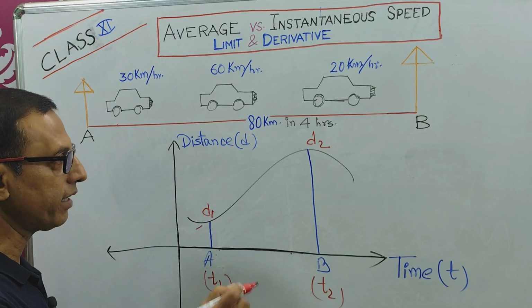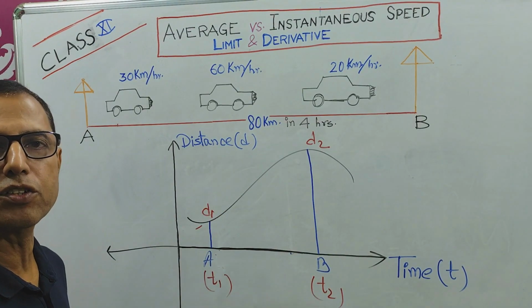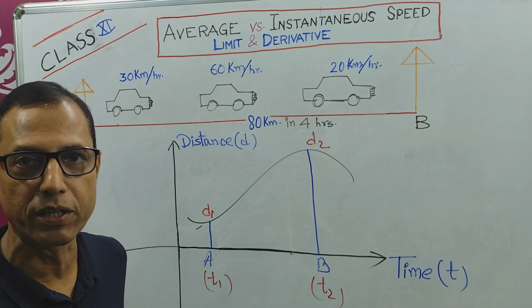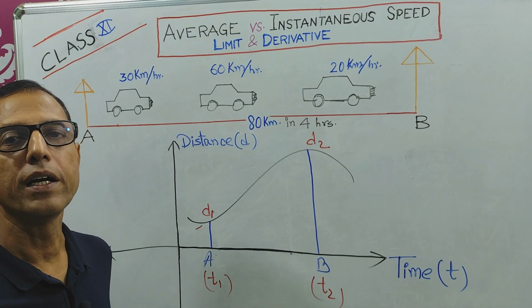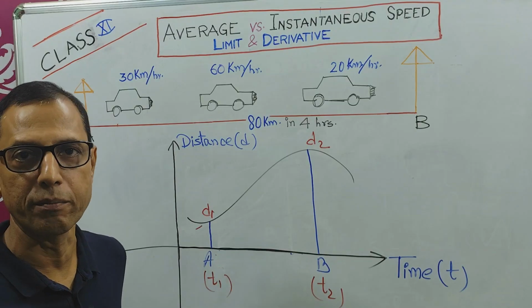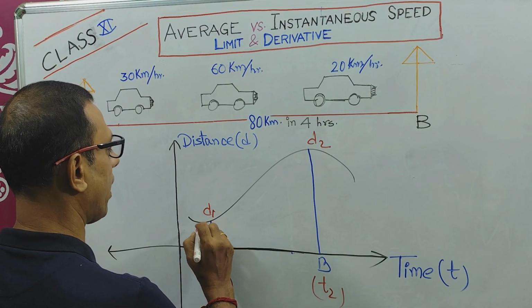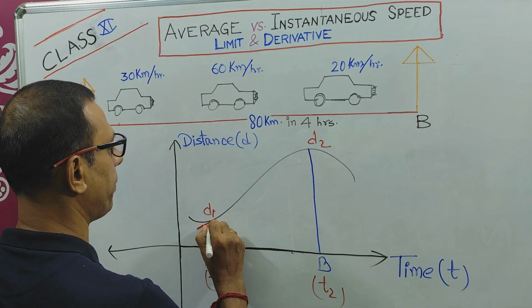I have already explained the definition of speed: it is rise by run with respect to coordinate geometry, or the distance by time ratio. So if we consider rise by run, you are considering the slope between 2 points.